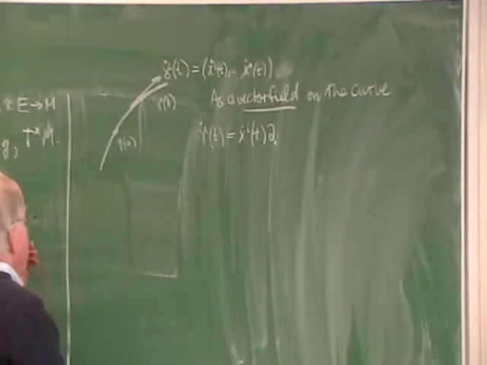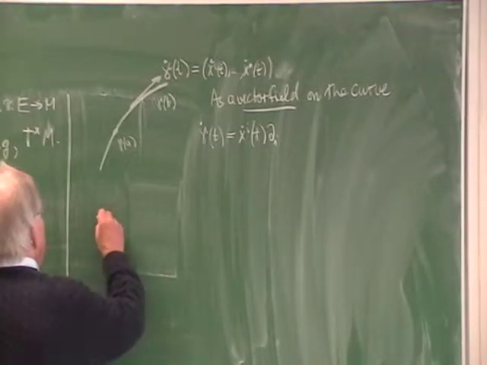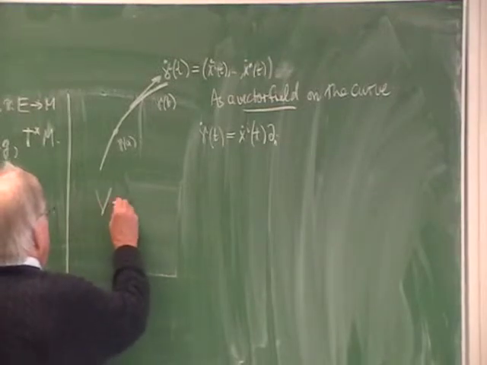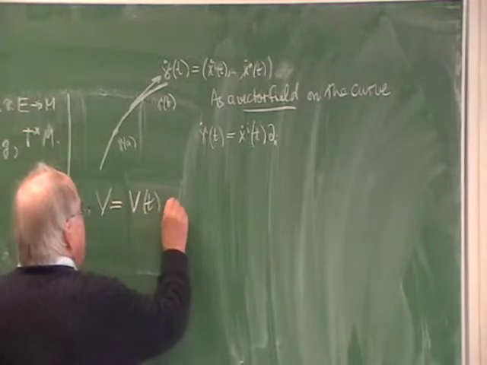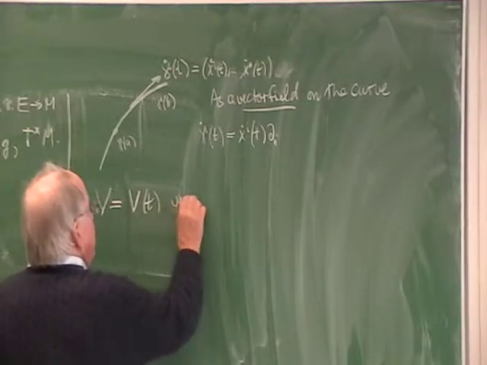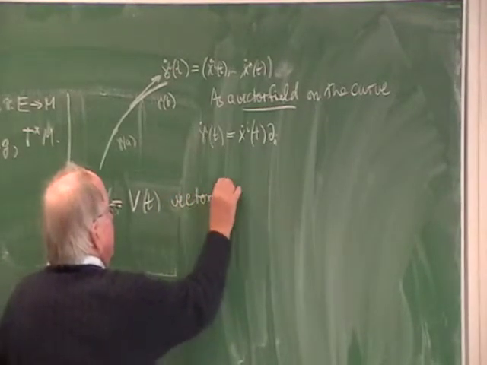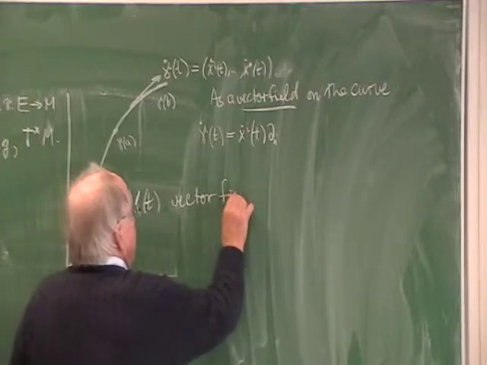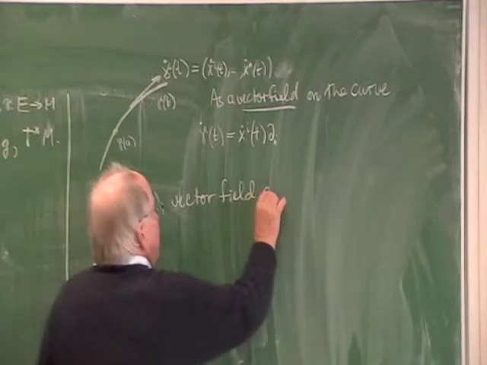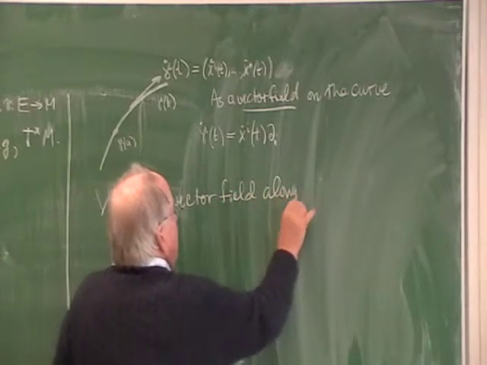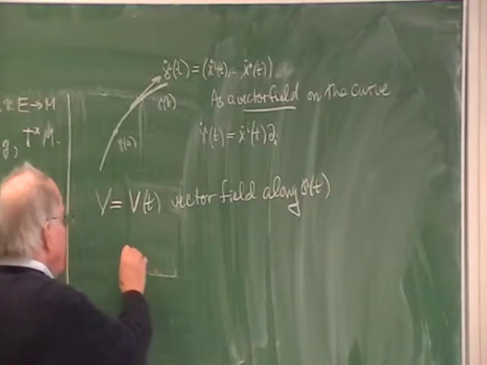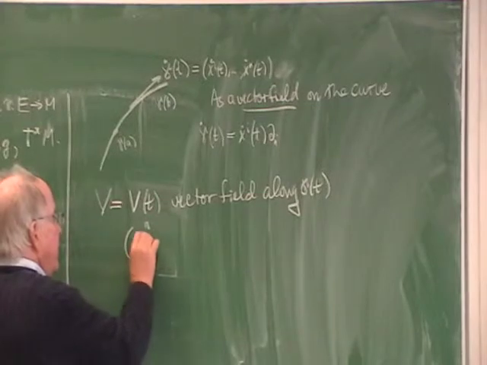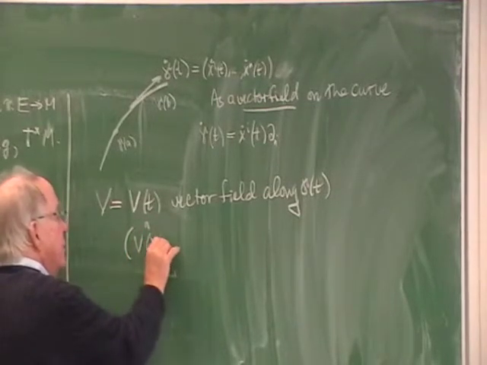And if we have a vector field v, say v equals v of t, a vector field along the curve gamma of t. This is abusive notation. Really, this means v at the point gamma of t.